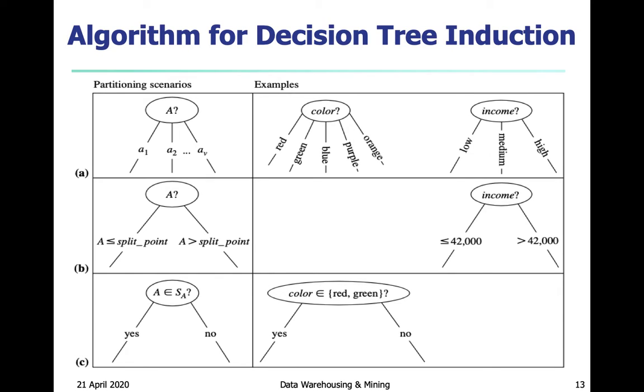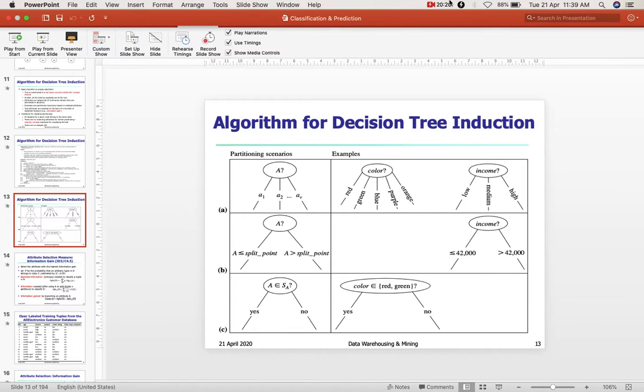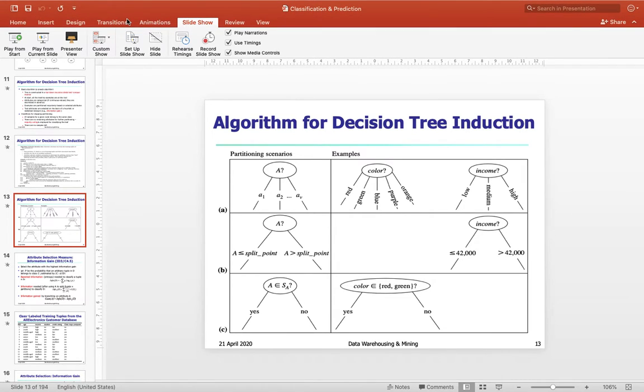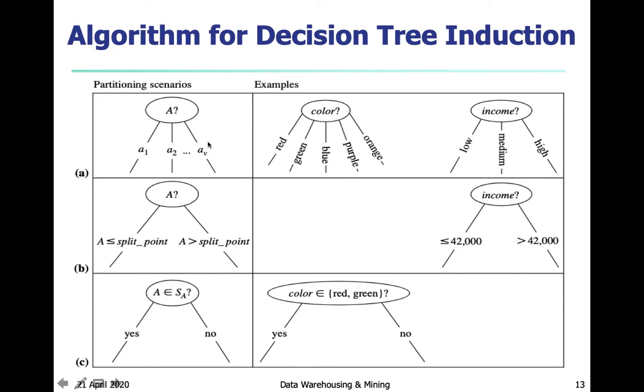Because all the tuples in a given partition have the same value of A. So here, A is discrete valued.